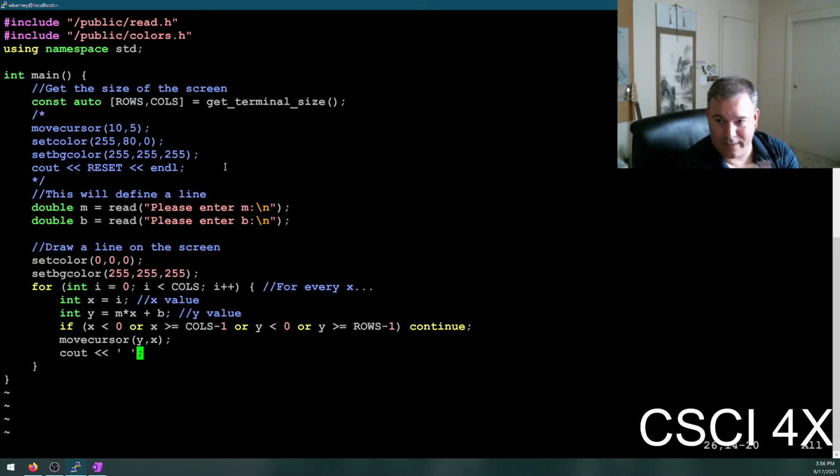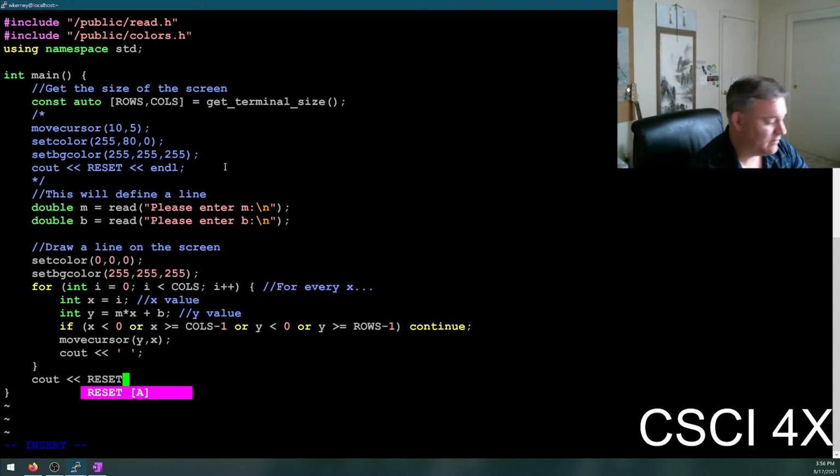The foreground color is black and the background color is white, so it draws literally just a white rectangle on the screen. And when we're done, we echo reset and move the cursor back up to the top, I guess.